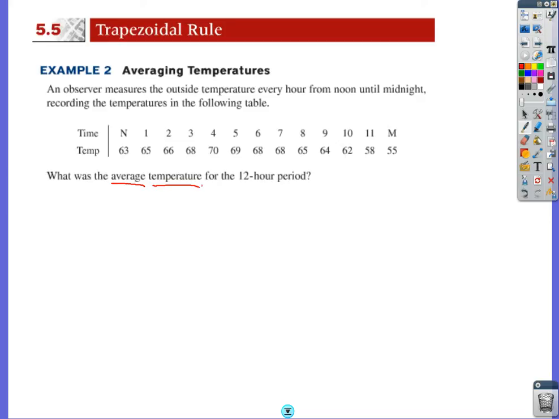What it's asking for is an average value of my function. An average value of my function means what I really want to find is 1 over 12 minus 0, for the 12-hour period, times the integral from 0 to 12 of this function that they give me.